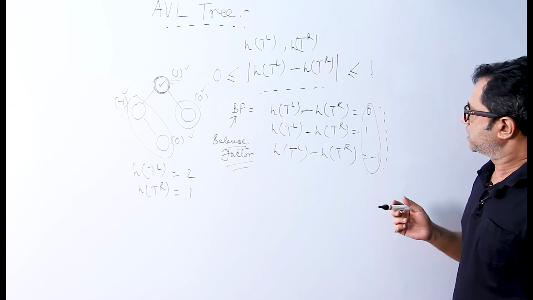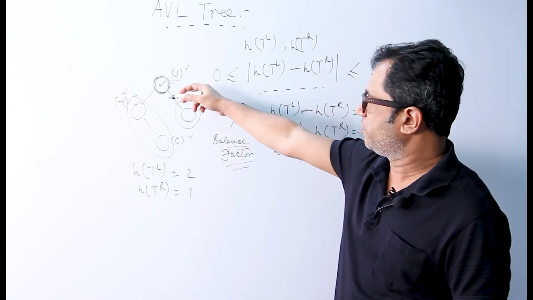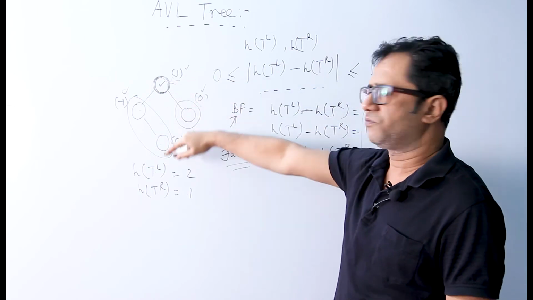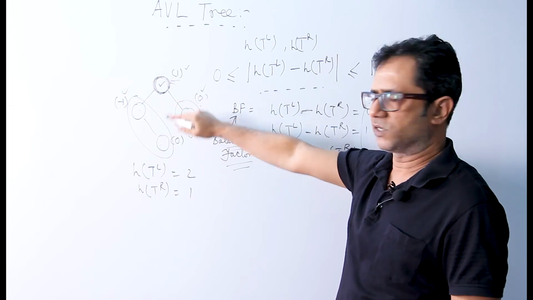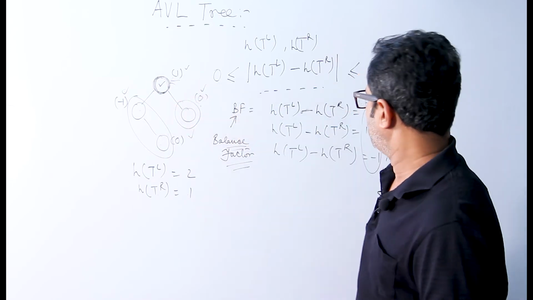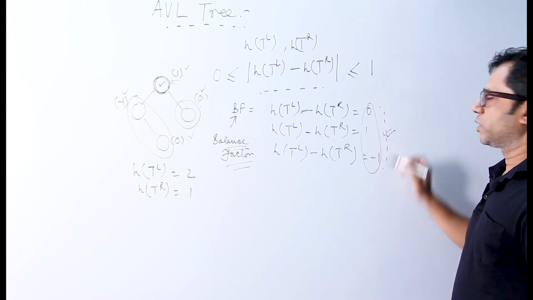So in this situation, we can conclude that the binary tree which I have drawn on this board is definitely a binary tree, but it is an AVL tree as well, because all the balance factor values are in conformity with the expected values for an AVL tree.